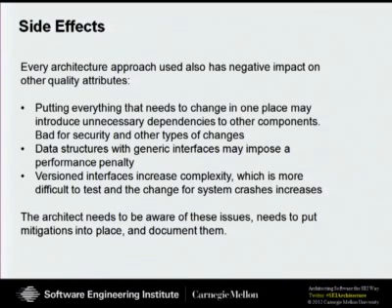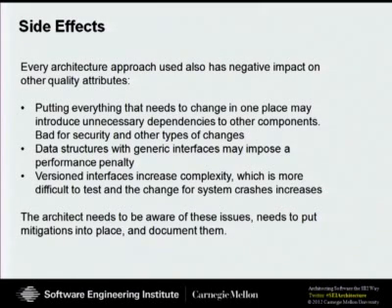Side effects. Now we said, okay, we can see the architect actually thought about the problem, put some concepts in the architecture, and it has some properties which we can measure and saying, well, it might be good. But there is no free lunch. Every time you do something in the architecture to make something good happen, there will be negative side effects. There will be impact on it. And the architect needs to understand what the negative impact is.